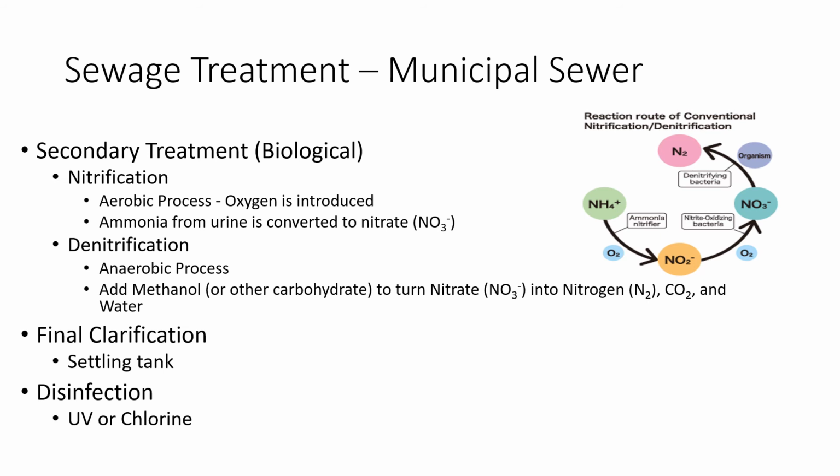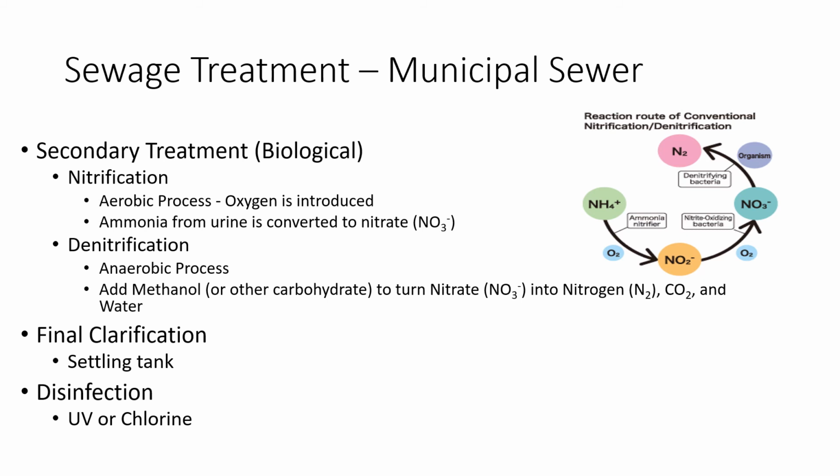It just goes poof off into the atmosphere, along with the 78% of our atmosphere that is made of nitrogen. And so it really reduces the nitrogen by quite a bit. If we don't do this, the effluent that comes out in the end would be way high in nitrogen, and we could have some serious issues in the surface water where it's disposed, like algal blooms and whatnot.